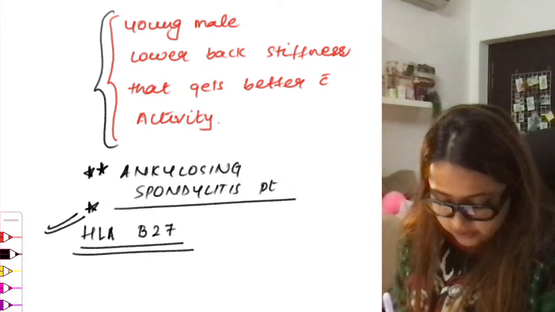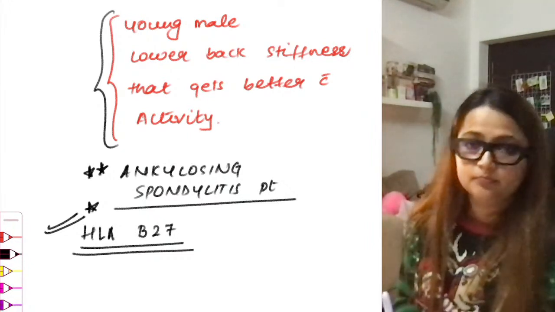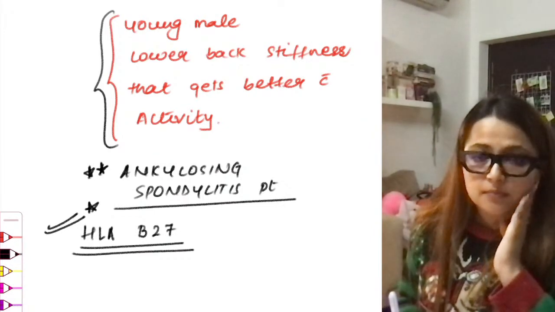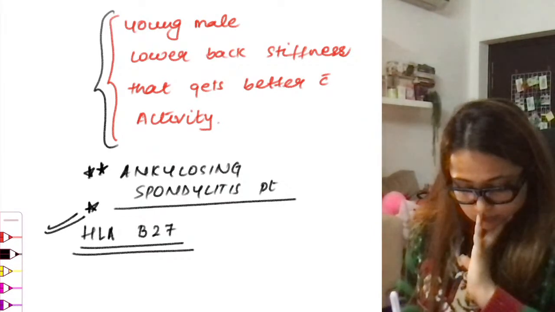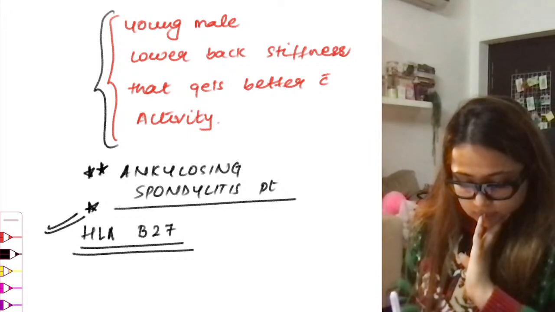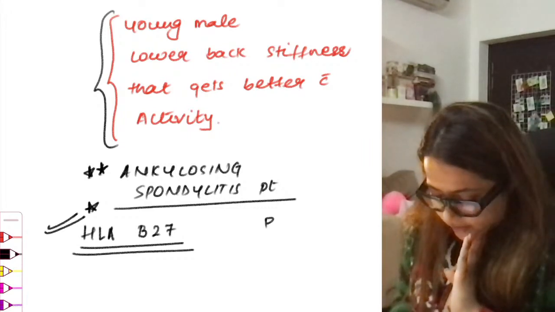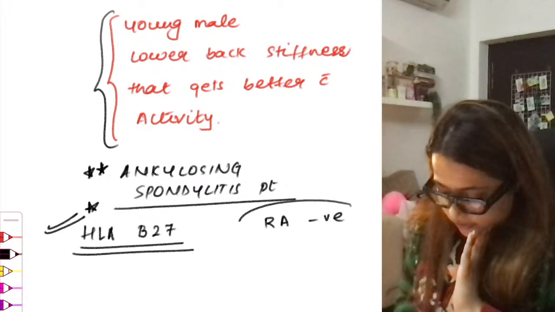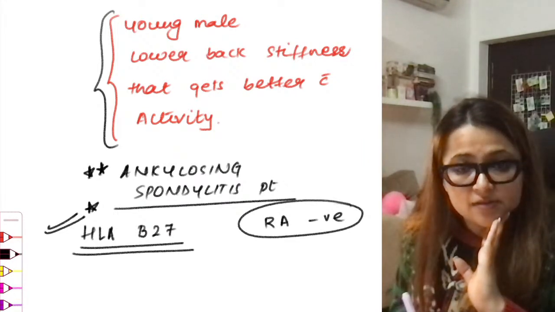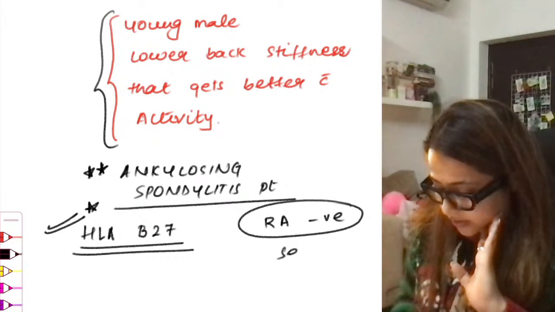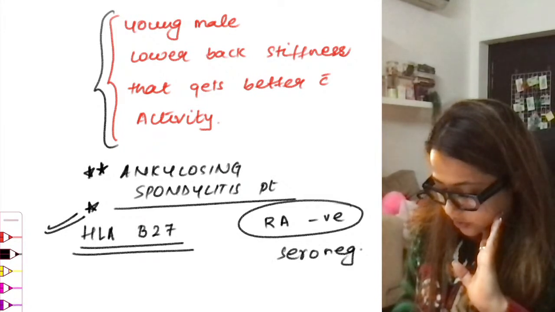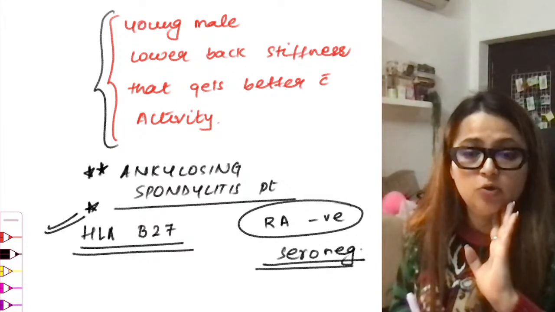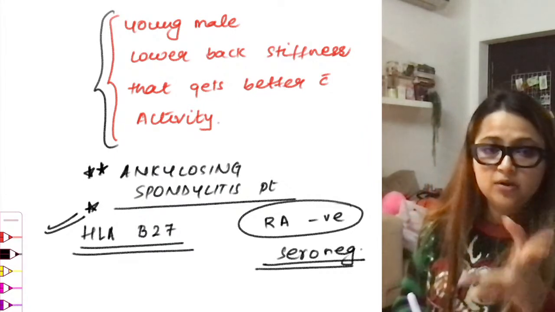Is RA factor positive? Anyone? RA factor is negative in ankylosing spondylitis. That is why you call it seronegative spondyloarthropathy.